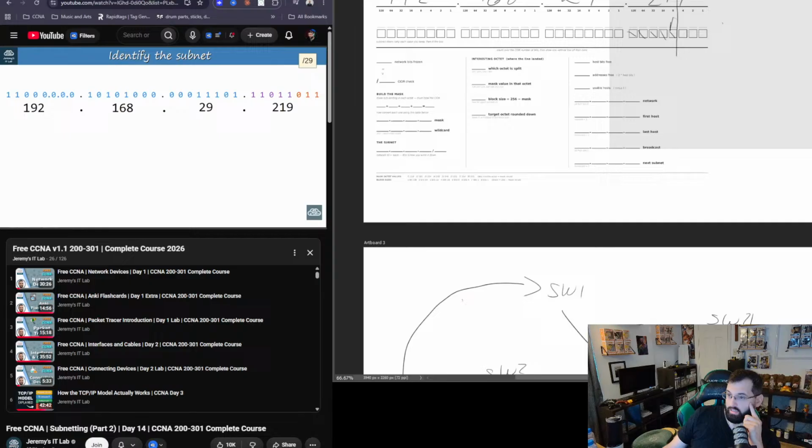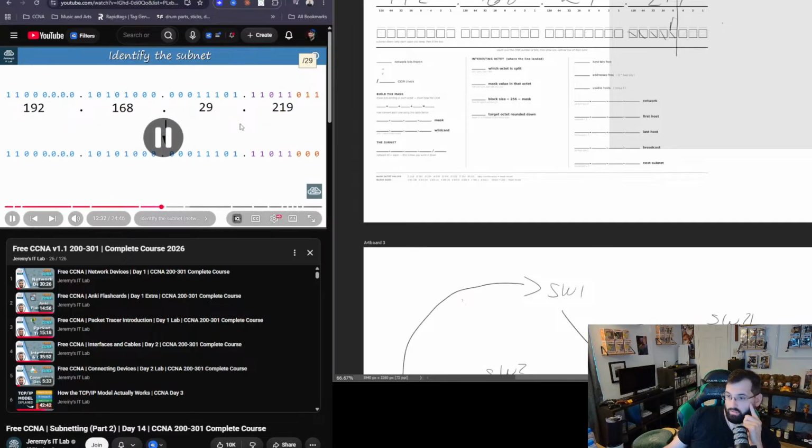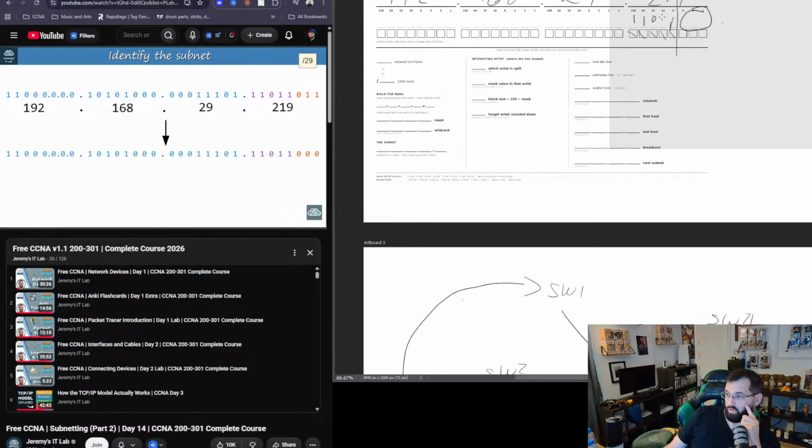Oh, that's how he did it. Set all of the host bits to 0. So he just turns these to 0. And then we need to figure out what bits are left. Since it was 1, 1, 0, 1, we just add these bits up, and that tells us what network we're in.